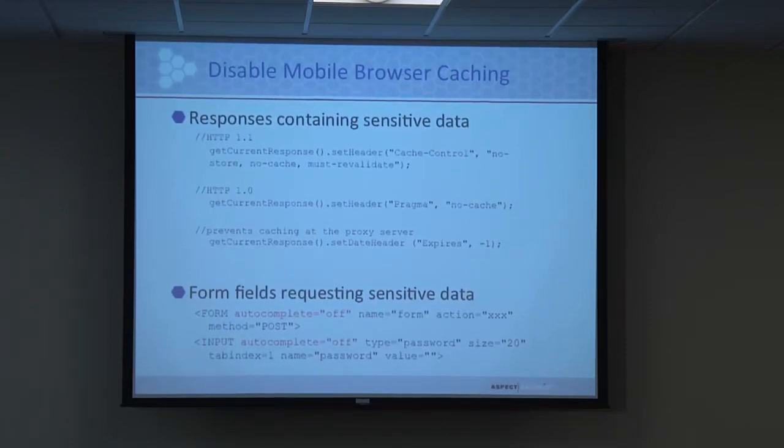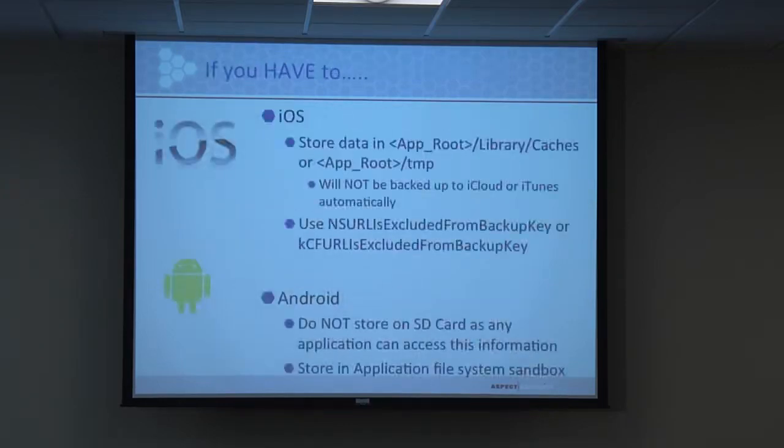I had one guy who did a review of his boss's iPad, right? He said, here's my iPad, do a review, tell me what's on it. And so he synced it to iCloud, grabbed the iCloud sync and applied it to his iPad, and he had everything from his boss's Safari. He was already logged into Gmail and all this other stuff. Right? So make sure to set these cache control headers appropriately because of issues like that.